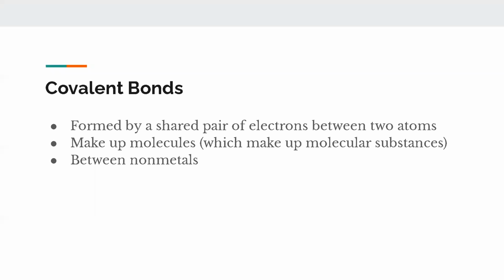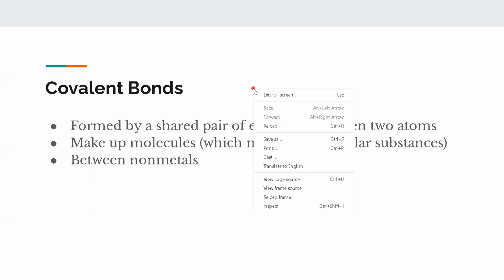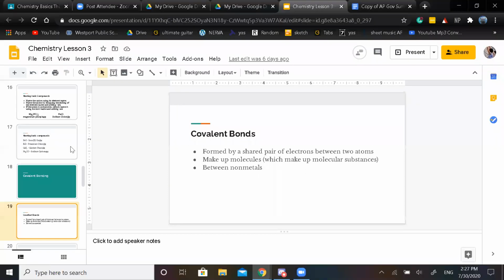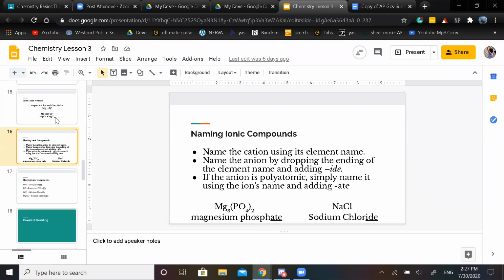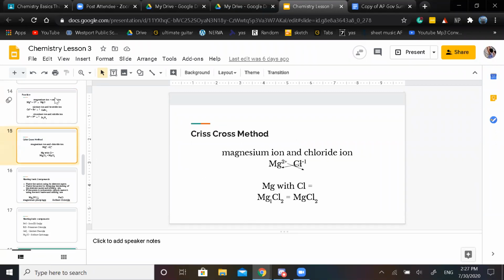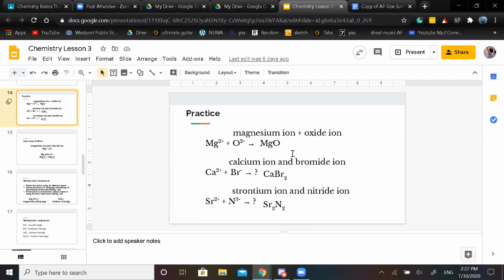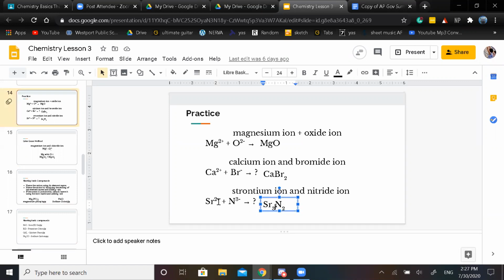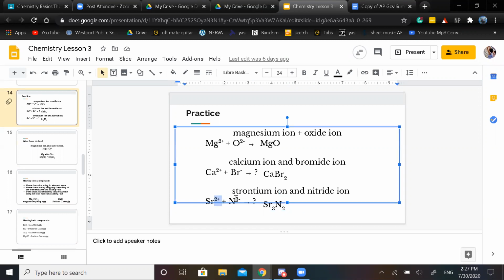Wait. Okay, wait. The 3 plus and 2 minus thing. On the bottom here. Okay, so here it's 2 plus and here it's 3 minus, right? So you want a common number.